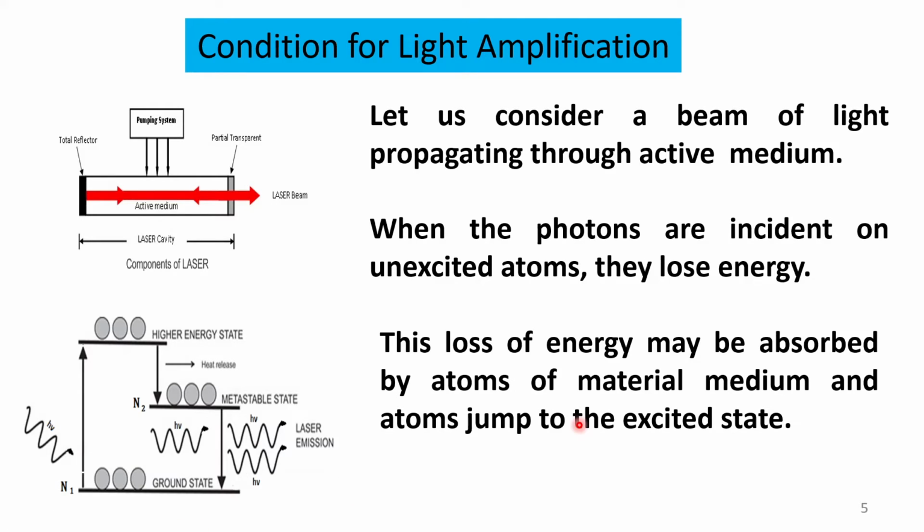This energy may be absorbed by the atoms of the material which are in the ground state, and they jump to the excited state. This process is known as induced absorption, which we have already seen in the first chapter.